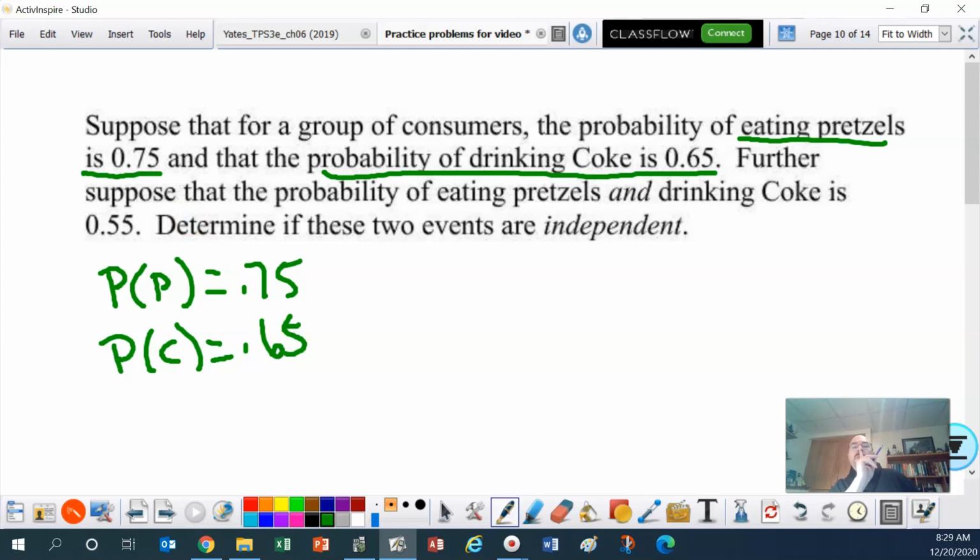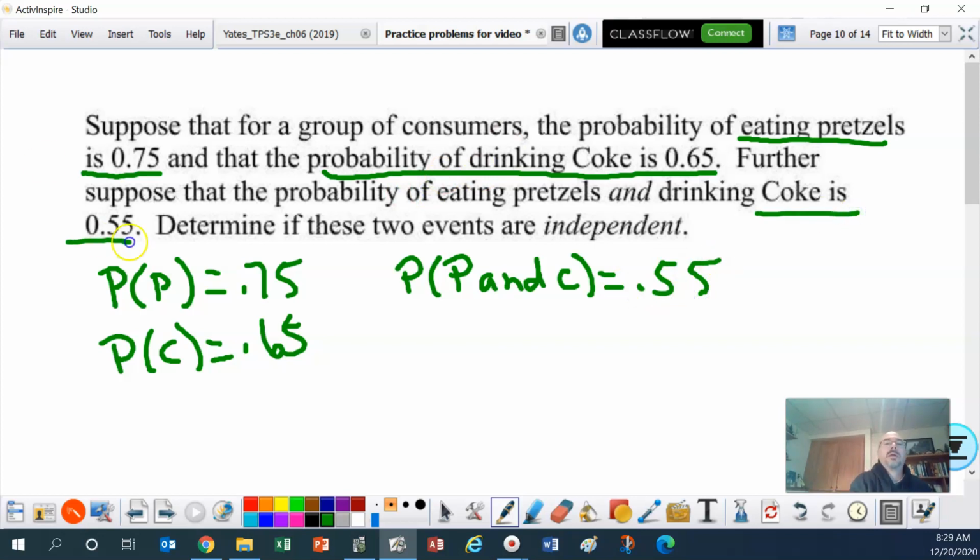Further, suppose that the probability of eating pretzels and drinking Coke, so the probability of pretzels and Coke, is 0.55. All right, determine if these two events are independent.